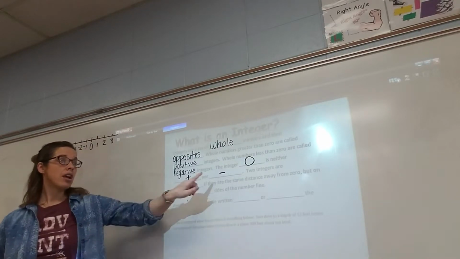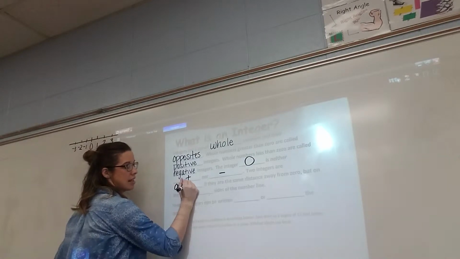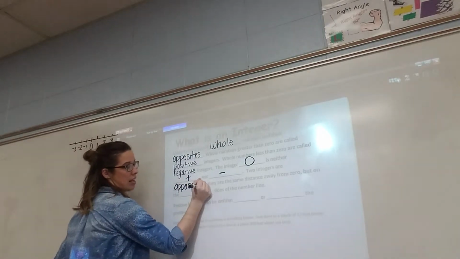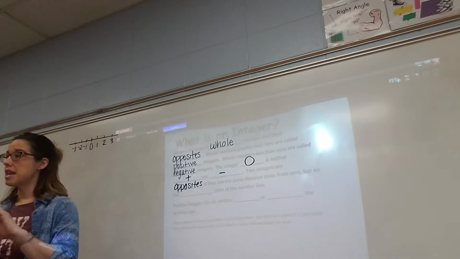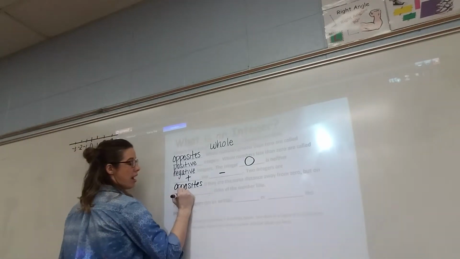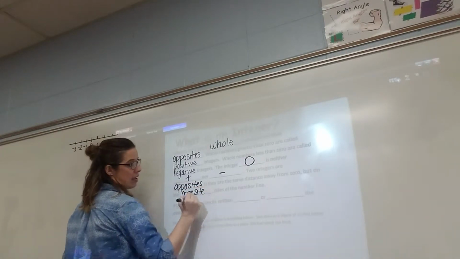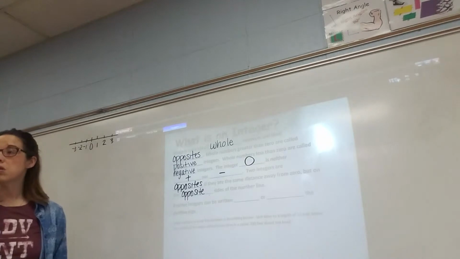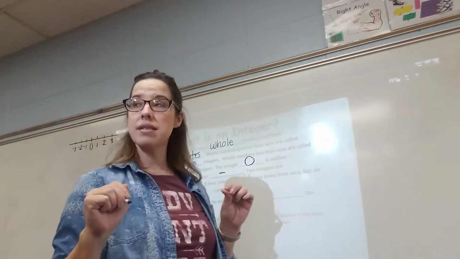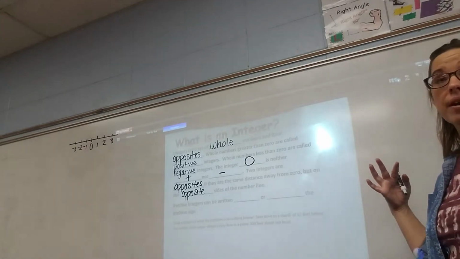Now, two integers are opposites if they are the same distance from 0, but on the opposite sides of 0. Okay? So two numbers are considered opposites if they're the same distance from 0, but just on different sides of 0.